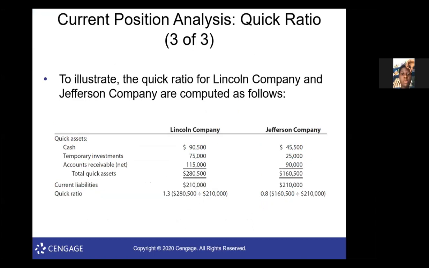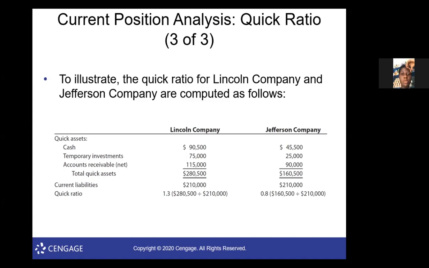So in this case, the quick ratio for Lincoln Company and Jefferson Company, because again, we could make this comparison. For Lincoln Company, we're only using our quick assets, which are cash, temporary investments, and accounts receivable. So our quick assets are 280,000 as a percentage of 210, which is our current liabilities. So our quick ratio is 1.3.